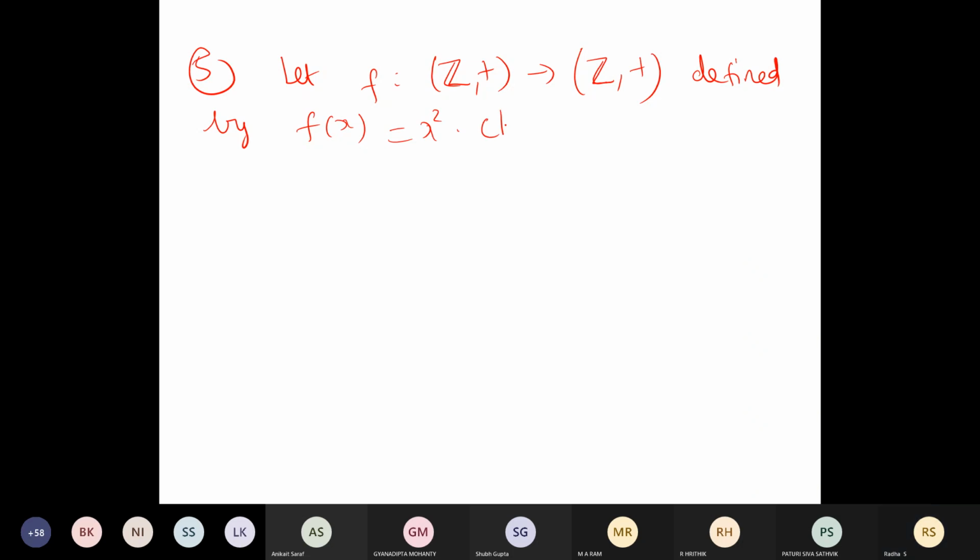Check whether F is a group homomorphism. Can you please do this? If there is any discrepancy, you have to say where the problem is. The problem should be identified.